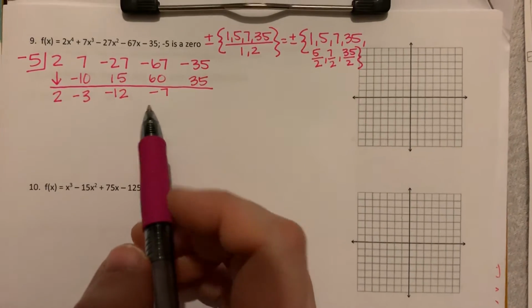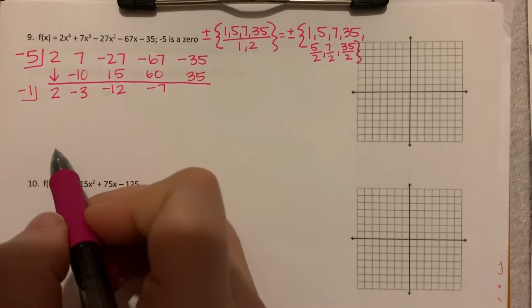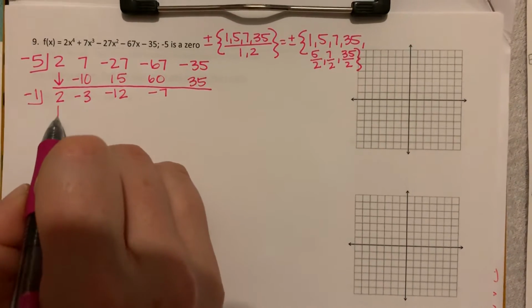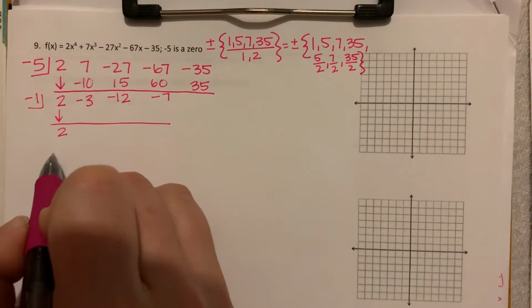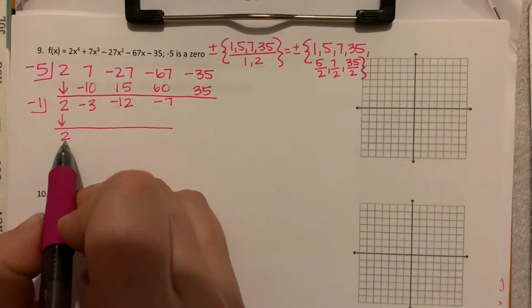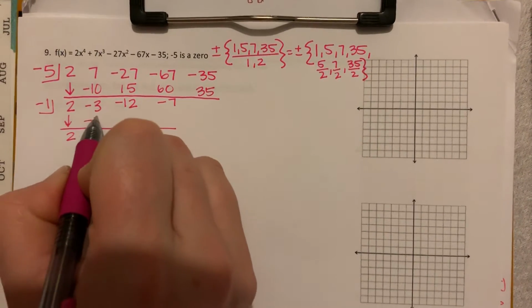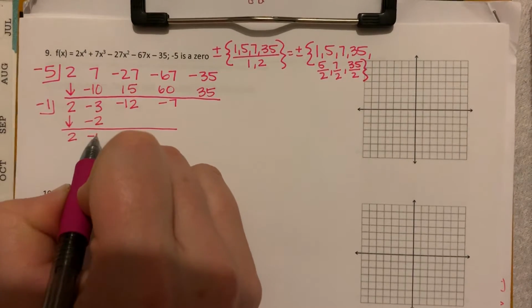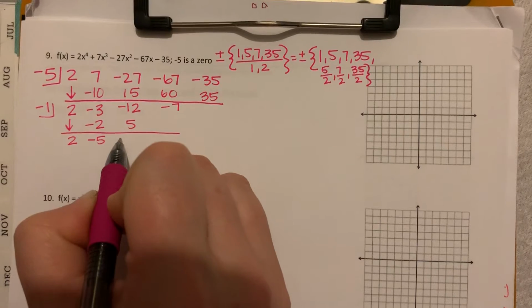Okay, I've already worked out this problem, so I know that -1 is going to be a factor that works. That'll be the next thing that I use for synthetic division. Okay, and then same process. Bring the first one down, multiply, so 2 times -1 is -2, add down. Multiply, add down.